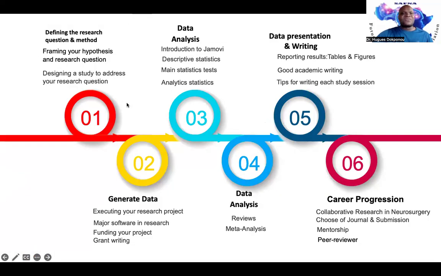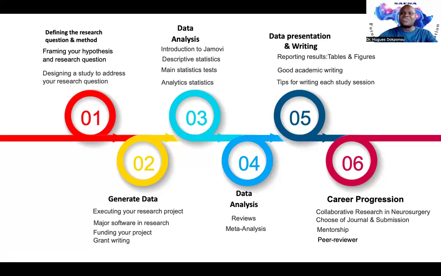What we put in module 1, you have seen already. Module 2 will be the running of your project. You have your research project. You have framed your research question. You have designed your study, and then you need to run the study.